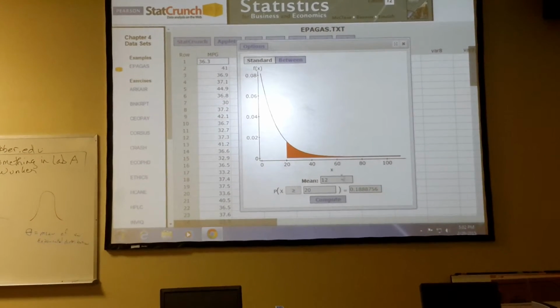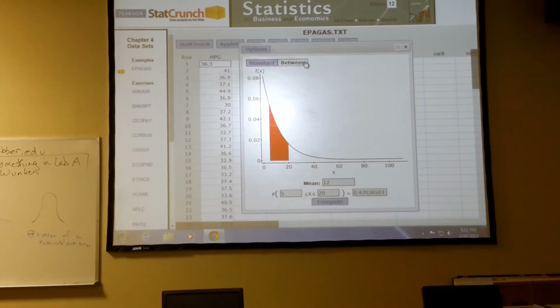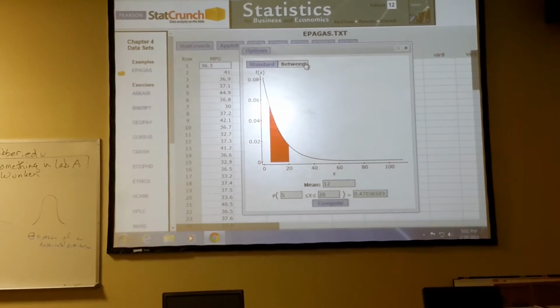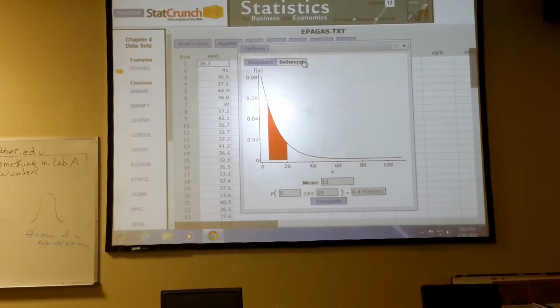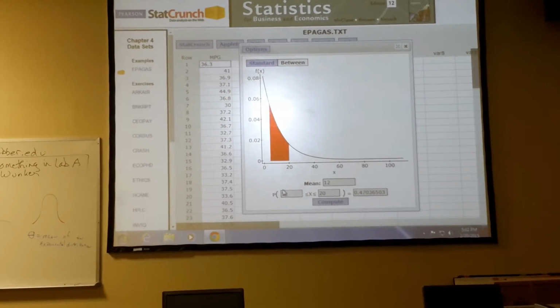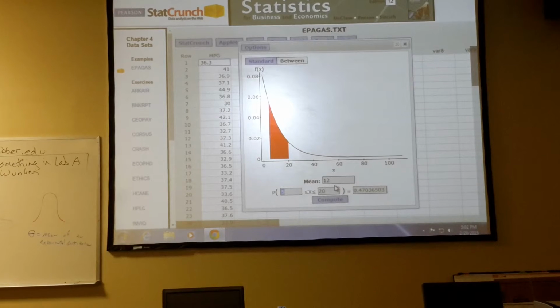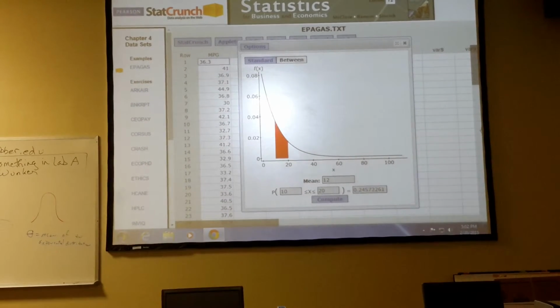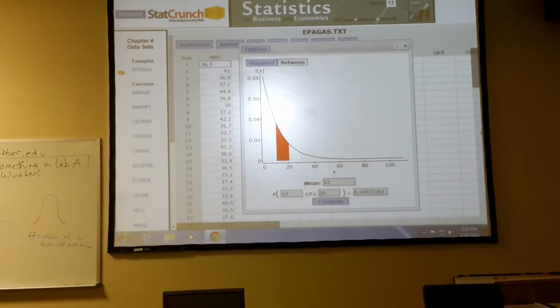We can also find the probability of being between two values here. We click on the between button up there, and it's just like we saw with the normal distribution. If we wanted to know the probability that it's going to take somewhere between 10 and 20 minutes, let's say, we find that that's 25%.